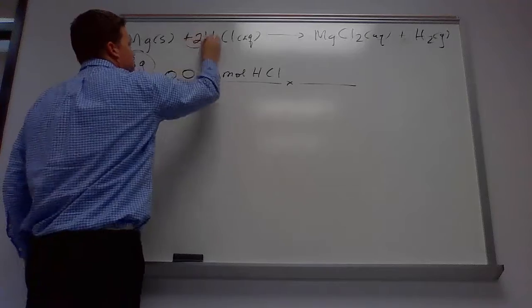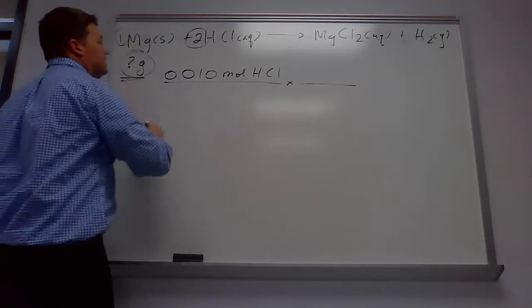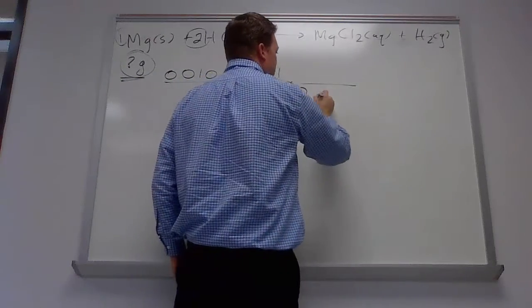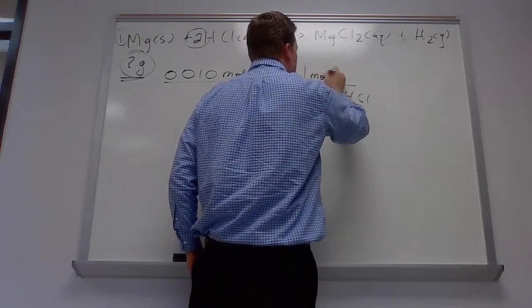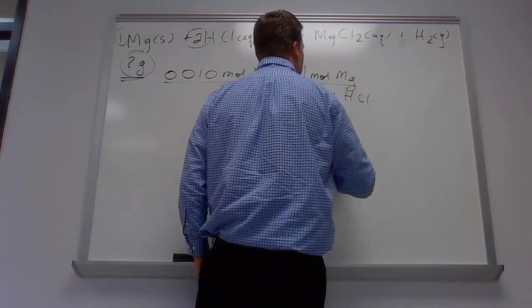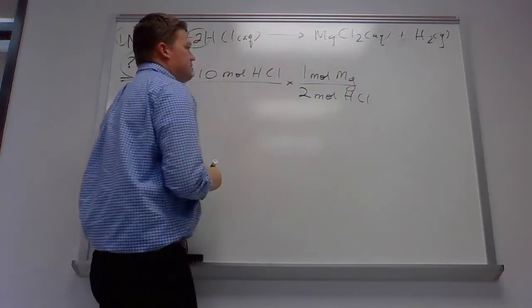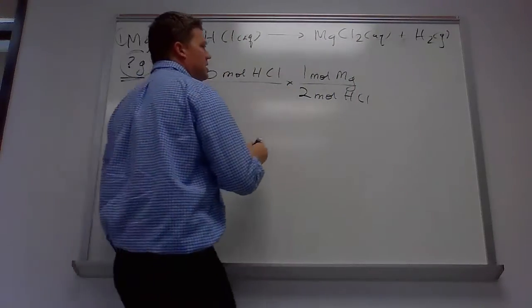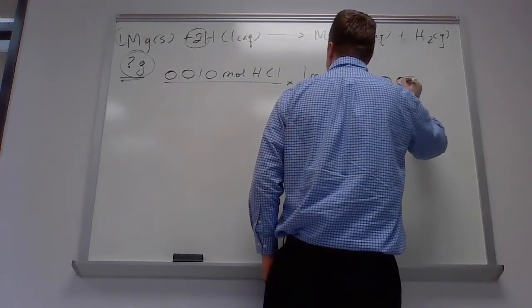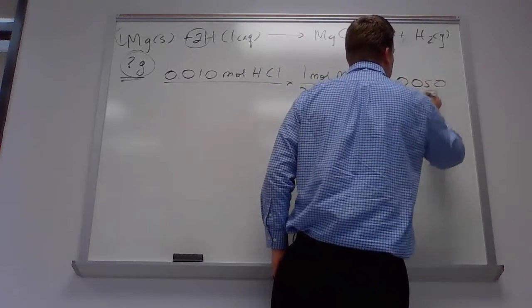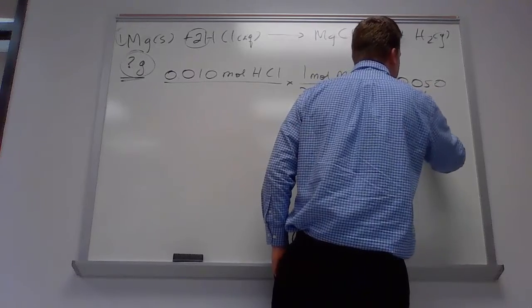So here's where the 2-to-1 ratio comes in. 2 moles of hydrochloric acid react with just 1 mole of magnesium. So this will tell us how many moles of magnesium that we have. And we'll see that the answer is 0.0, what's that going to be? 0.50 moles of magnesium.